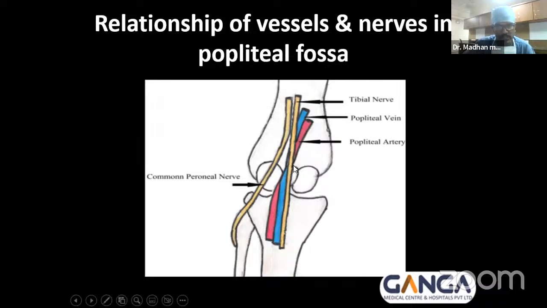In the middle part of the fossa, from behind forward, it is the nerve, vein, and the artery. Again, in the lower part of the fossa, from medial to lateral, it is nerve, vein, and the artery. So actually, the artery is crossing from medial to lateral. This is very important to know, and you can observe it in zone anatomy also.